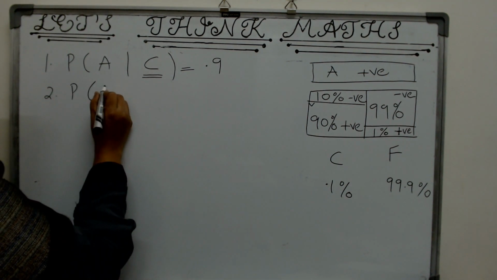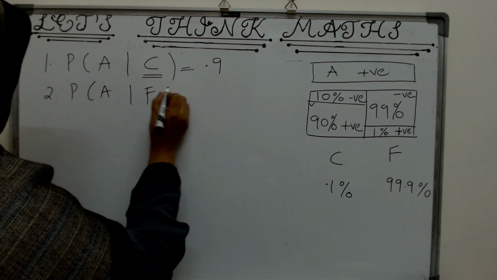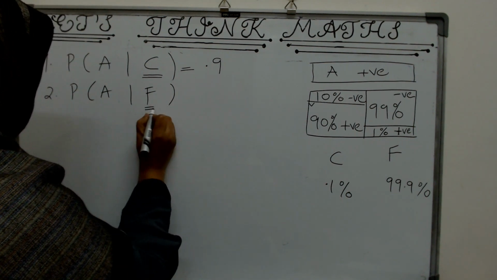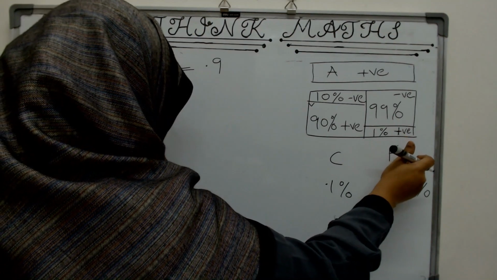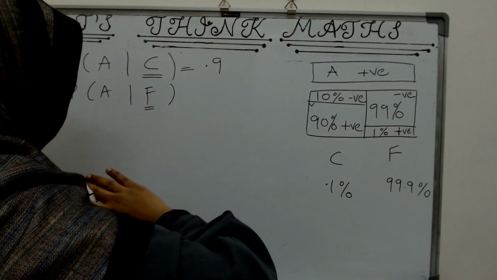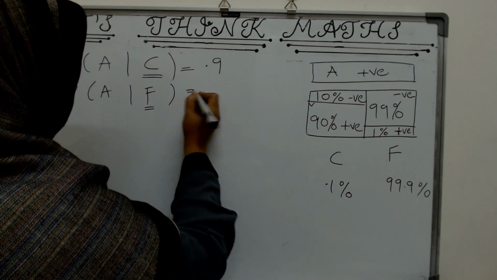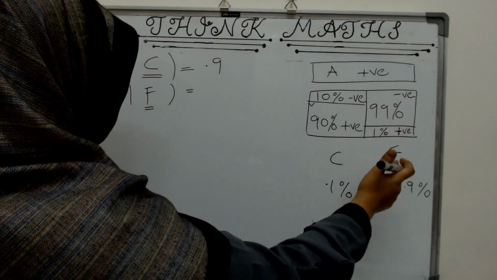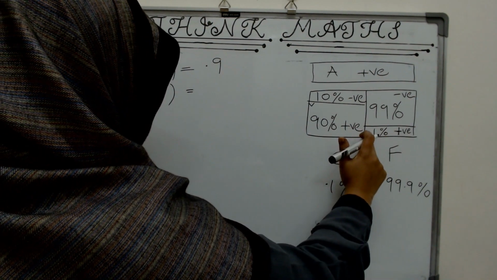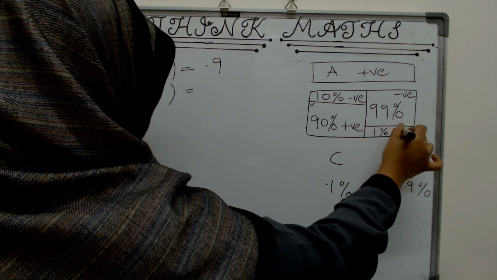Now, the second. What is the probability of A given F? That means you know for sure he falls in this group. He does not have COVID. But then the PCR test has messed it up. It has shown that he is positive. So what will be that probability? Go to this group, 1%. He falls in this group.